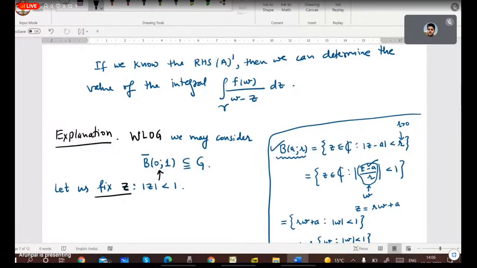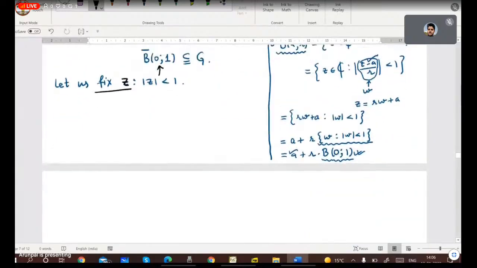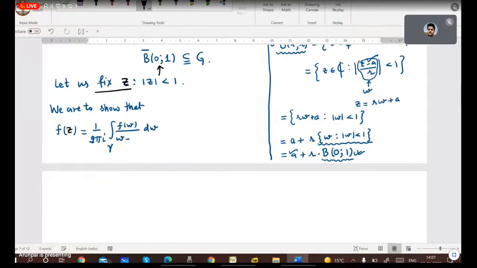Yes, sir. Right? Now what are we to prove? Let us recall that. We are to show that the value of f at this z which I have taken is equal to 1 upon 2 pi i integral over gamma f(w) divided by w minus z.